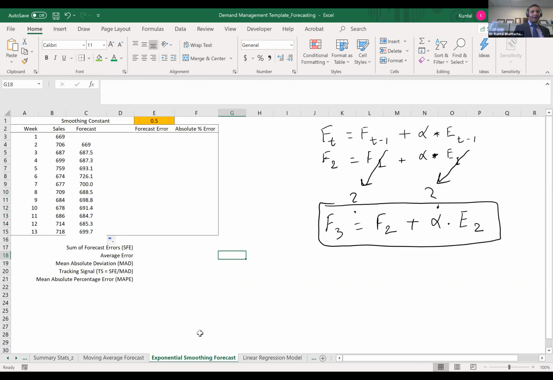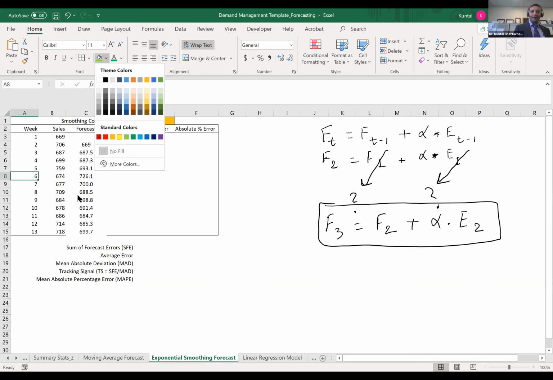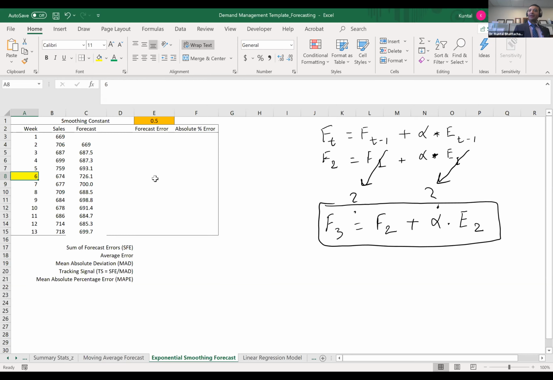And therefore, in that context, I could have captured the forecast error all the way from the second week onwards, but in essence, to ensure that it's an apples and apples comparison, I shall again use the 6th week as my reference point so that I can capture the information and compare that with all the other moving average models at that point of time.